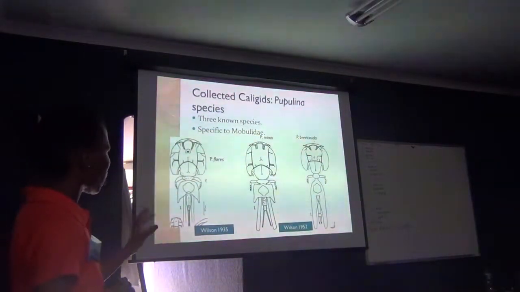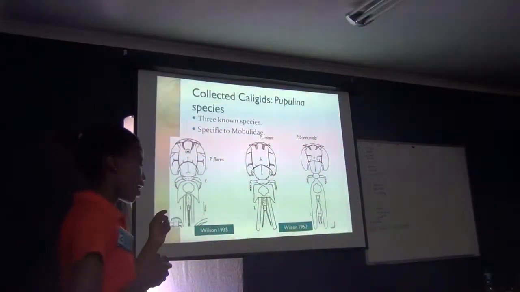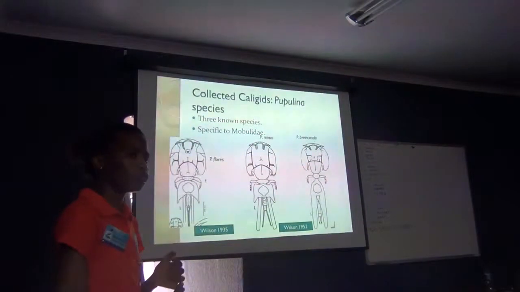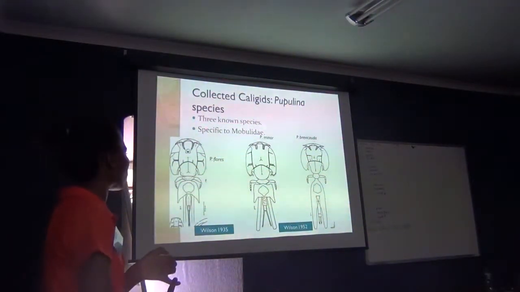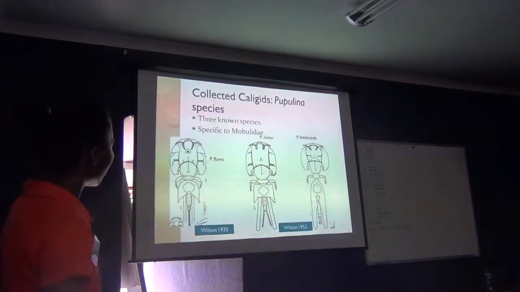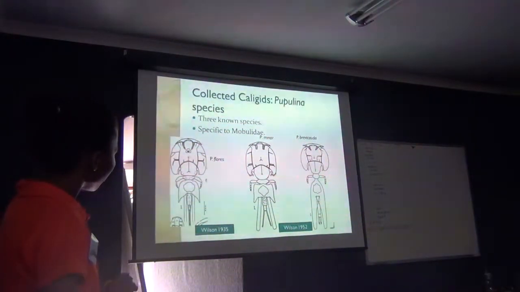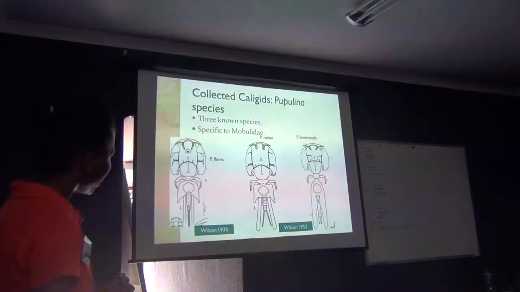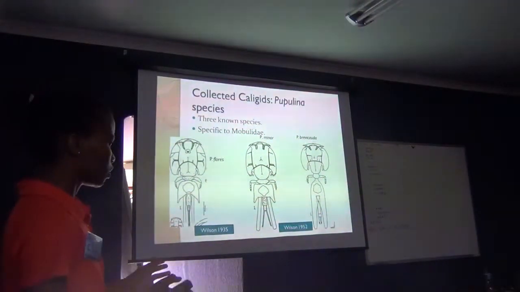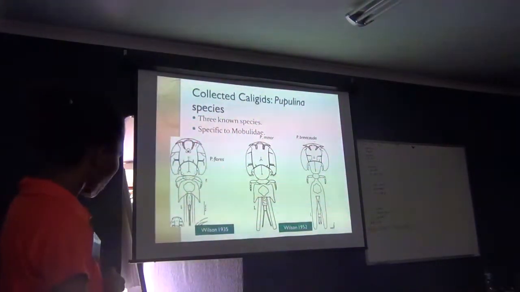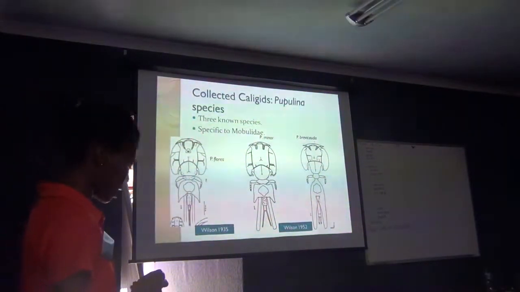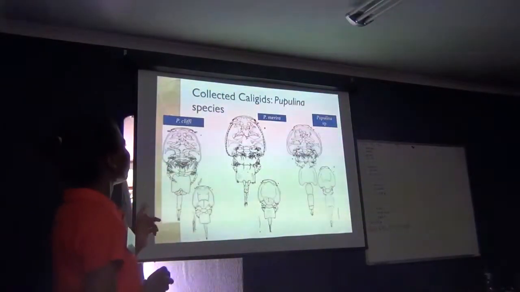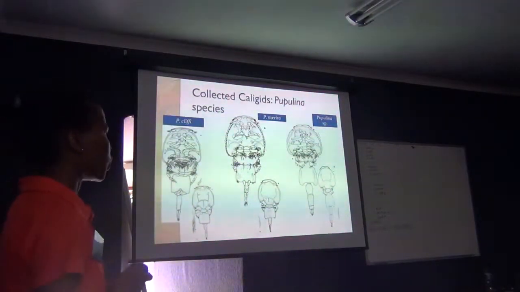We found that these species are specific to mobulid rays, so they've never been reported on any other species of shark or ray. These two are quite distributed within the Mobula genus, while this one has only ever been reported from a Manta species. And these were the ones that we were able to collect.